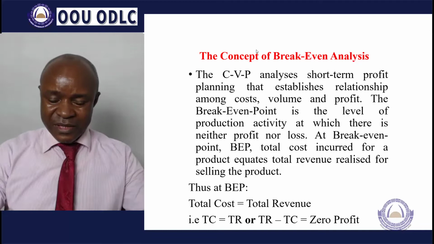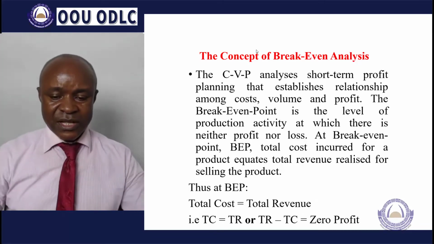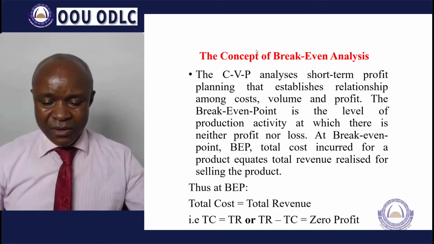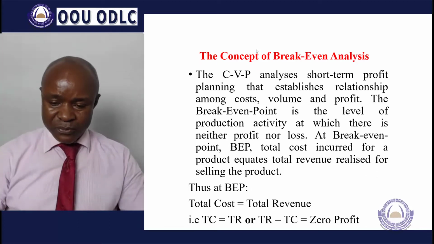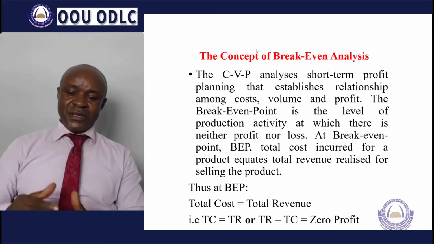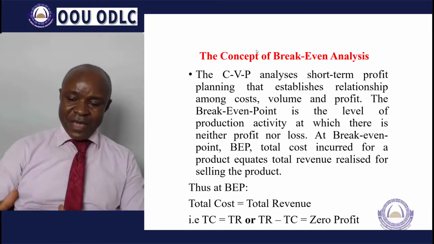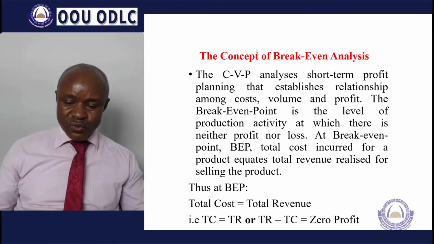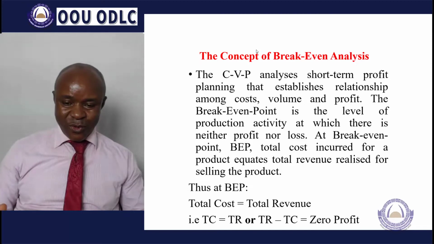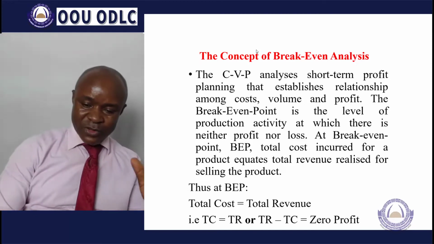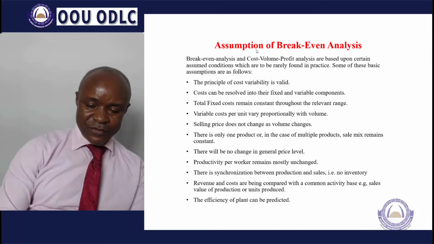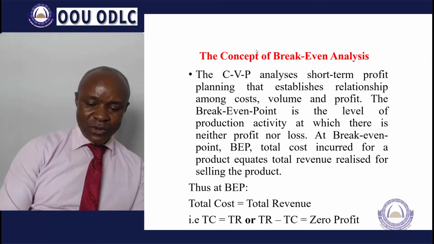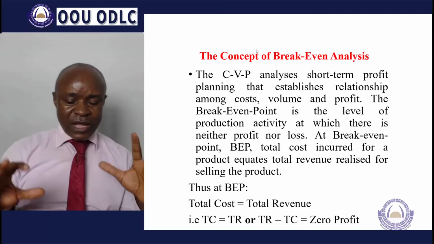So the entire cost of producing that item has been recouped from the sales that were made, but leaving us with no profit. We have been able to get to a certain production level that is good enough to enable us to recoup all our costs. So that's the break-even point.